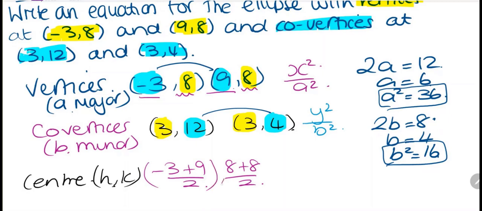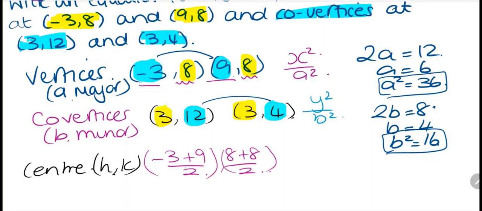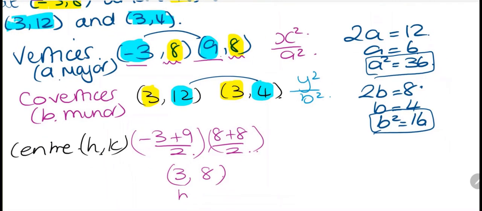So 9 minus 3 is 6, divided by 2 is 3. And 8 plus 8 is 16, divided by 2 will give us 8. So our h value is 3 and our k value is 8.